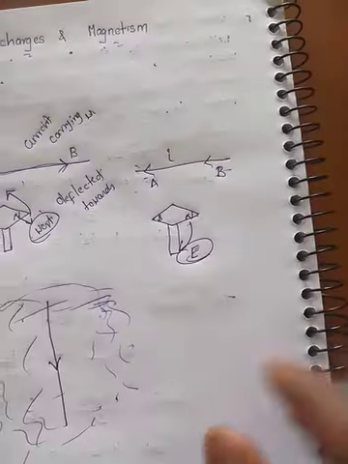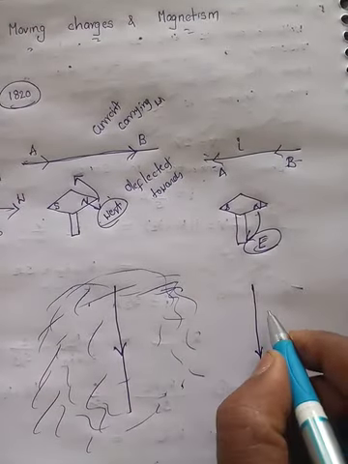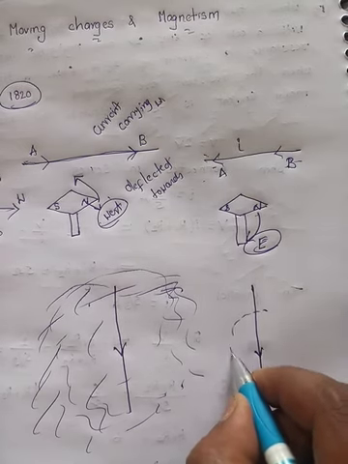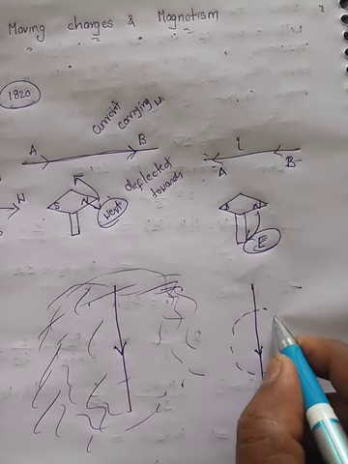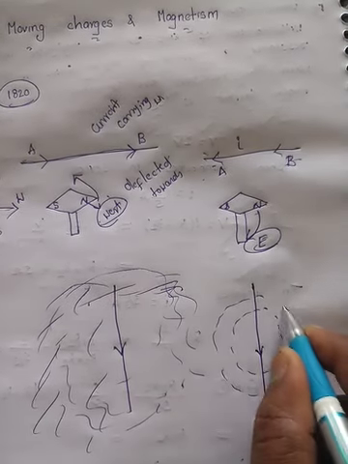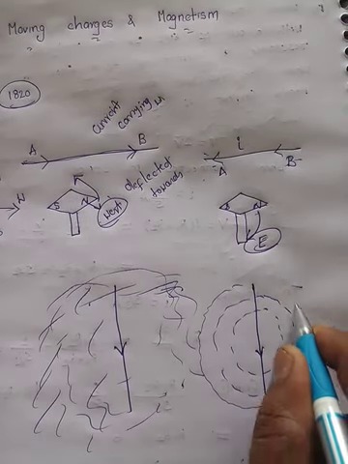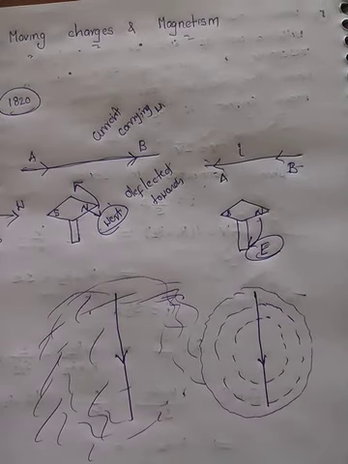What he observed after doing this is that the iron filings are arranged in a pattern, moving in concentric circles.